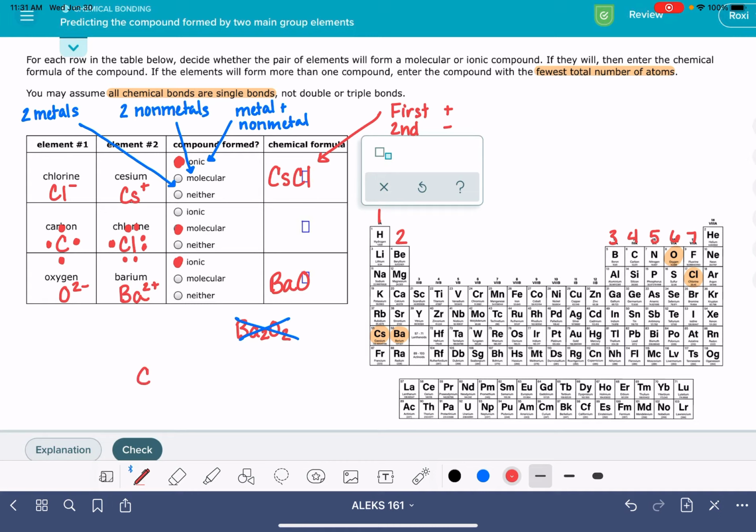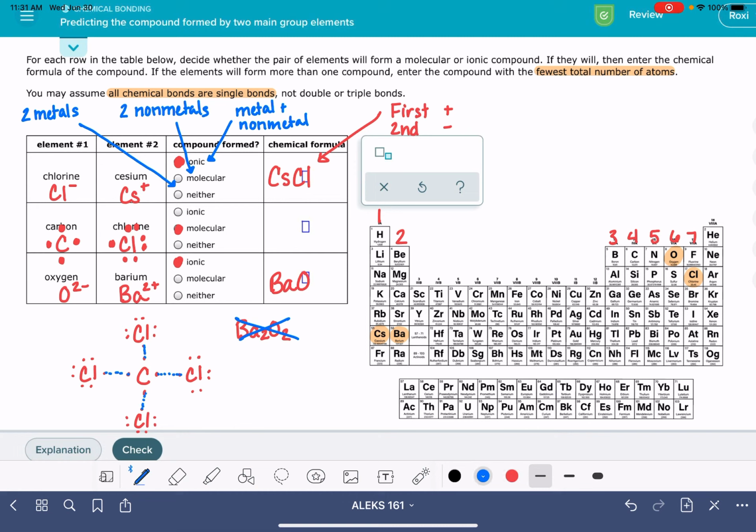And I'm actually going to redraw down here. What we're trying to do is combine the carbons and the chlorines in a way so that all of them have paired electrons, no unpaired electrons. And so what I'm doing is I'm matching up every chlorine atom's unpaired electron with one of the carbon atom's unpaired electrons, and we can use as many carbons as we need, we can use as many chlorines as we need.